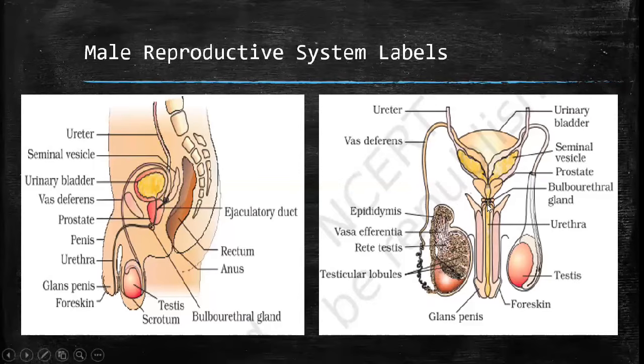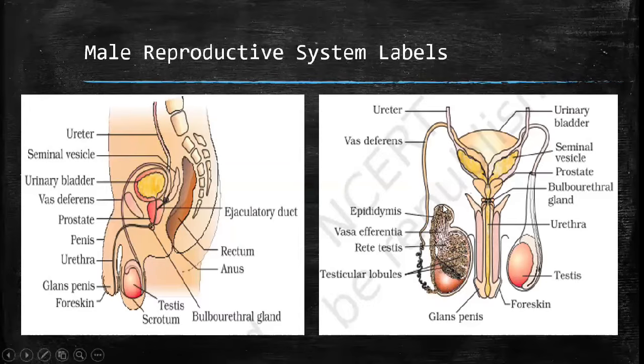And then looking at the front view, you can see this pathway here, this is what we call the urethra, where the sperm cells or semen pass through, and also the urine. And then we also have this part here, the testes. And then the entire part here is what we call the penis, which is the external private part of a male.